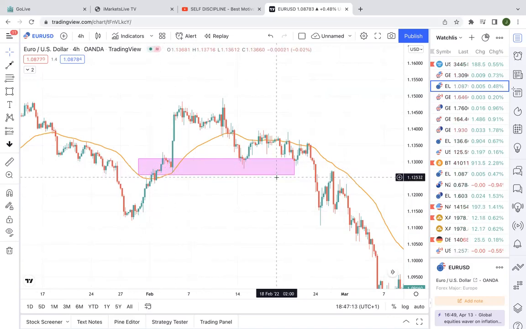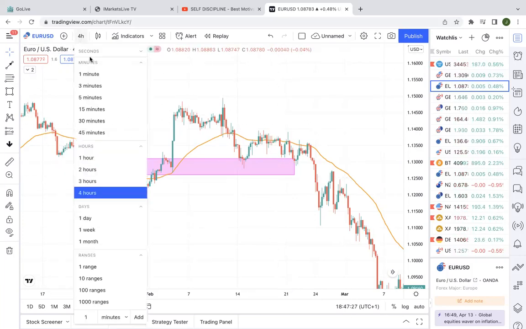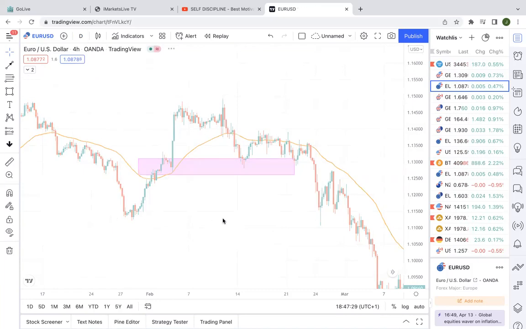But what Barley said is that you can see the stronger structure in the bigger time frame. So when we have 4 hours, when we have a day chart, you are able to see the stronger structure.